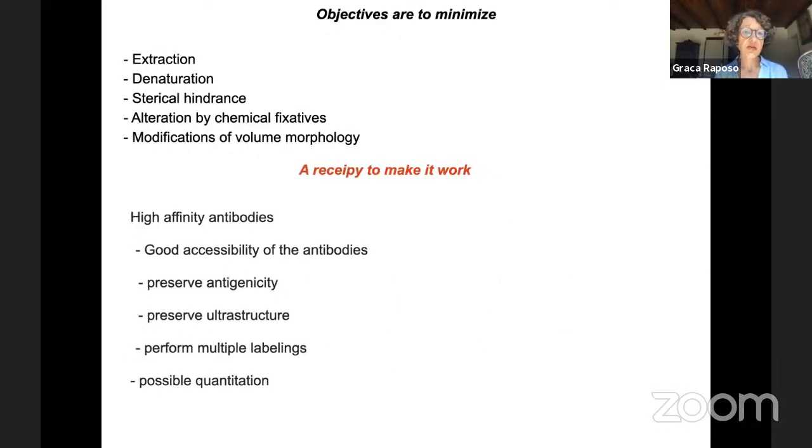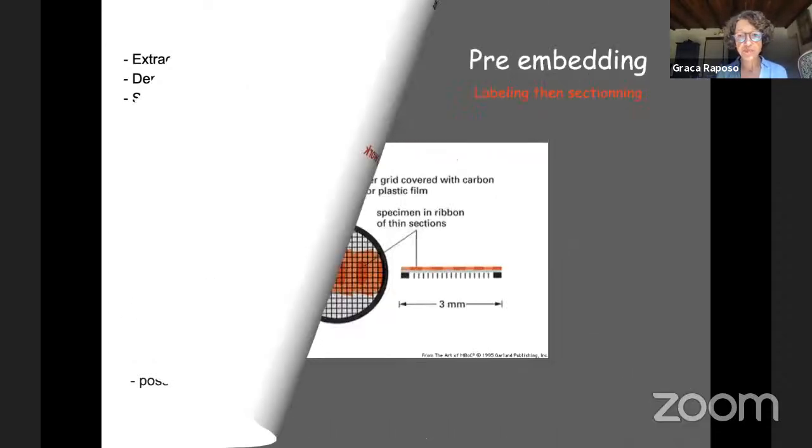You need high affinity antibodies and good accessibility of antibodies. You need to preserve antigenicity, as I told you in the beginning. Sometimes using glutaraldehyde is too harsh.